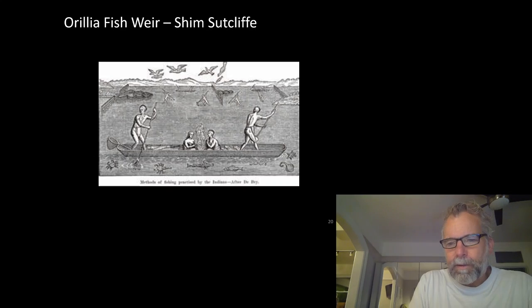So the Fishweir Bridge, this was a design competition, I believe, or maybe Shim Sutcliffe was hired for a concept regardless.